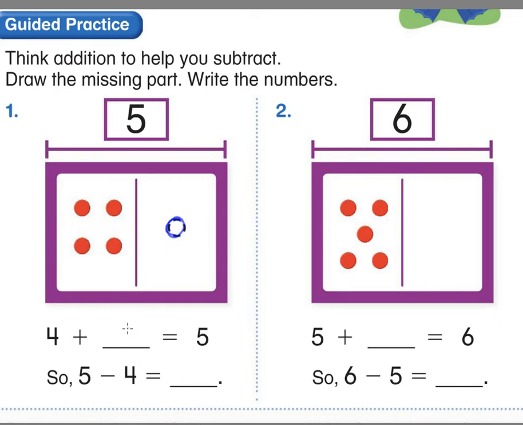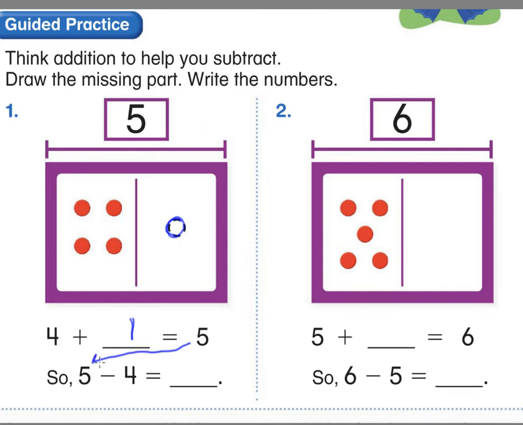Now, how are we going to use this part to complete these related facts? Let's see. 4 plus what number equals 5? I'm sure you guys probably already wrote it down and you finished this one already. So 4 plus the part that we just found, 1, equals 5. Now, if we were to make this into a subtraction sentence, they already did the hard work for us.